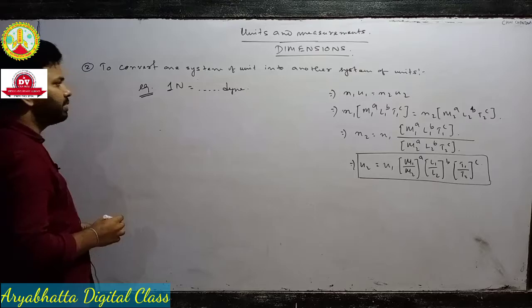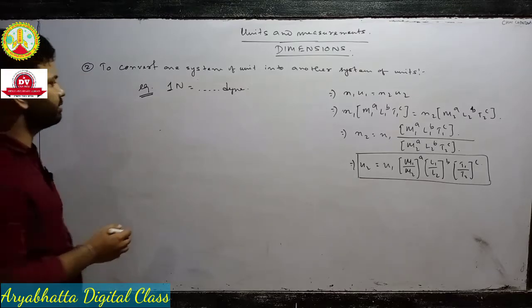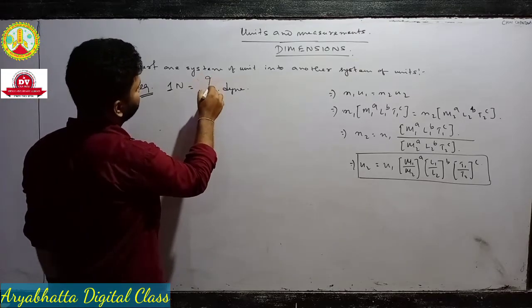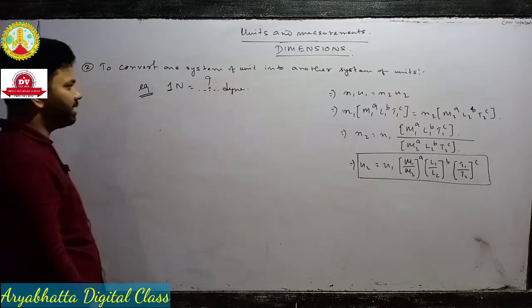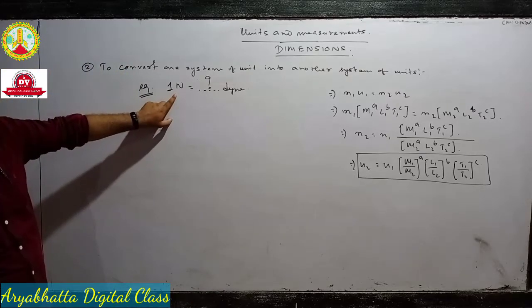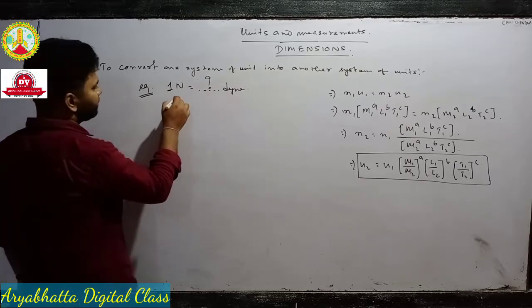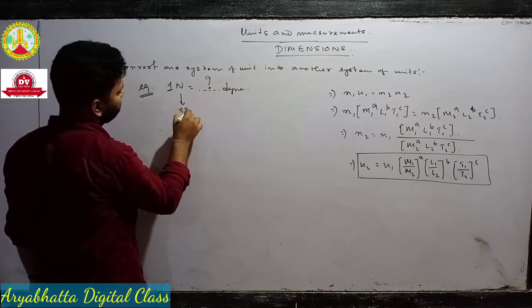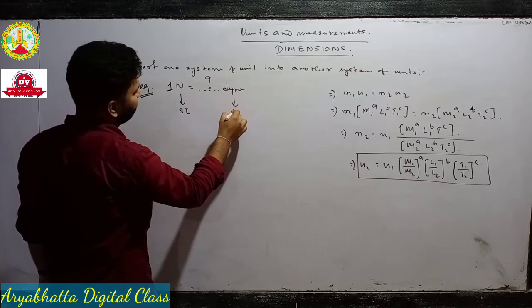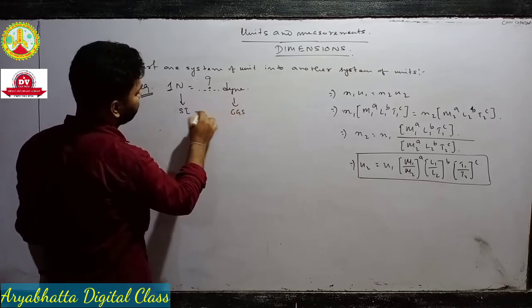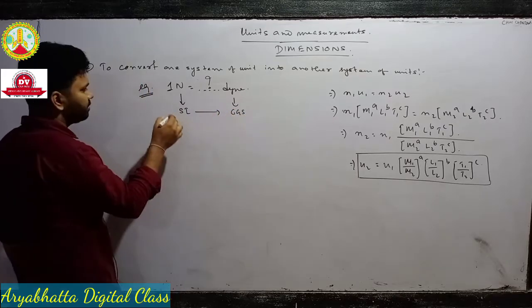So you have to show what this value is, meaning what value will come here, 1, 2, 3, 4, 5, 6, how much will it be? Okay. What is this? This is the unit of force. This is also a unit of force. Okay. So Newton is for SI and dyne is for CGS. Both are units of force.